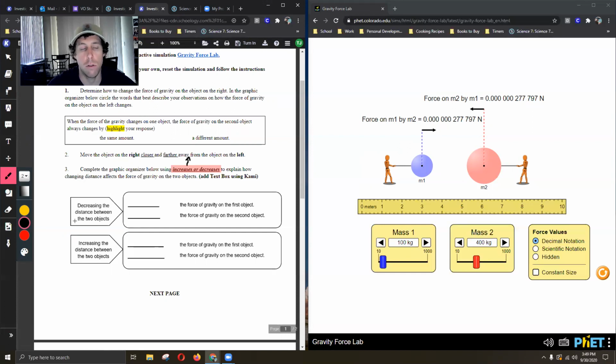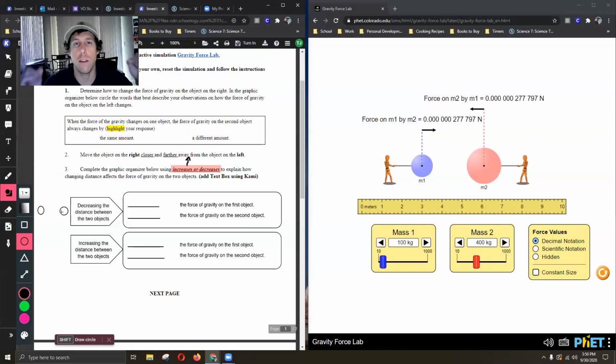So you're going to do this right here. You're going to decrease the distance between the two objects. When I say decrease the distance, I mean you're going to take your two objects and decrease how far apart they are by moving them together.